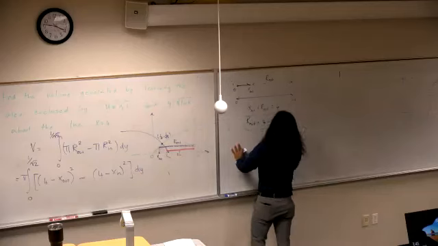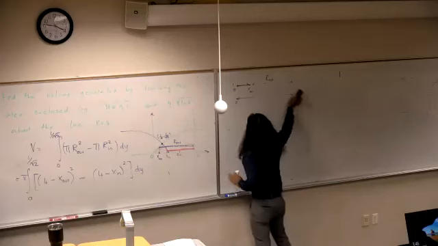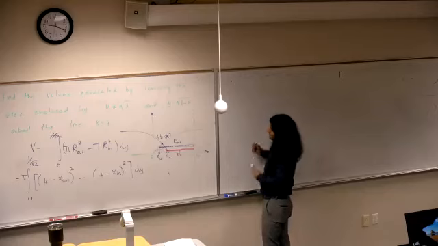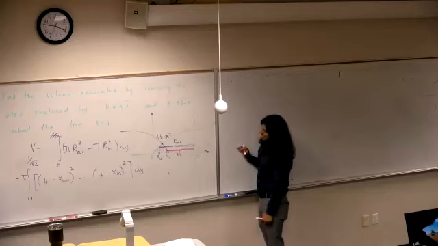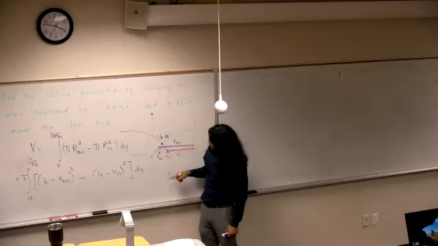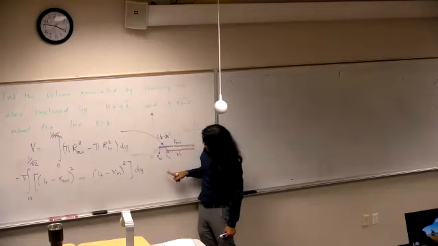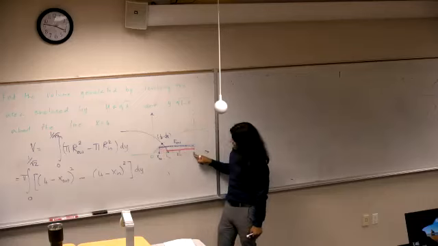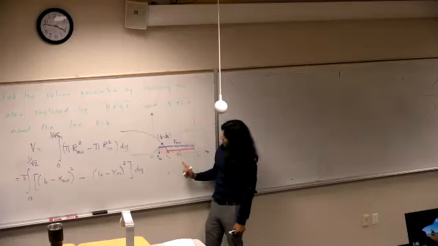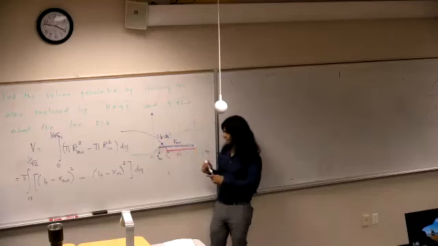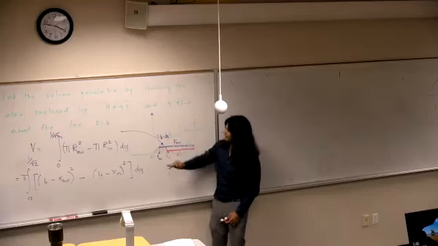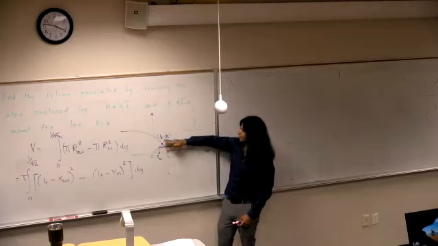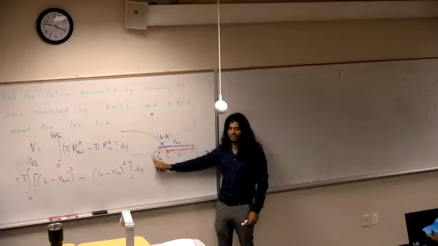Let's erase this. Okay. Since you have R out and R in, and both of them are going to vary with respect to the curves that you have, R out is going to move back and forth along the green curve.